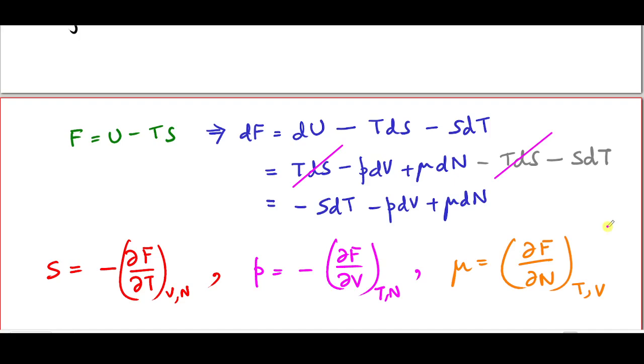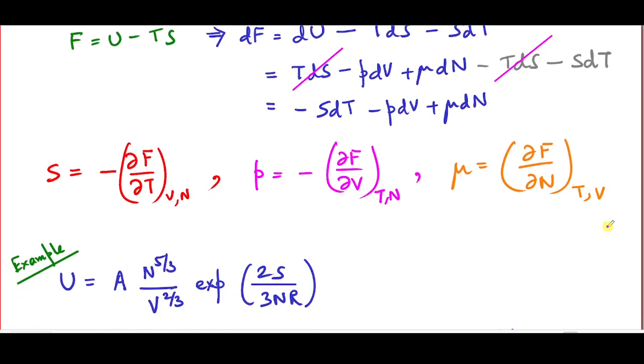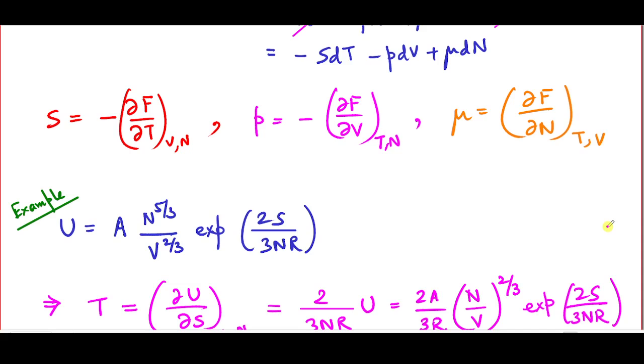Just to illustrate how these could be used to extract complete thermodynamic information, let us go back to our favorite old example. You have the internal energy of monoatomic ideal gas given by this expression. What you need to do, of course, is to calculate the free energy from here.